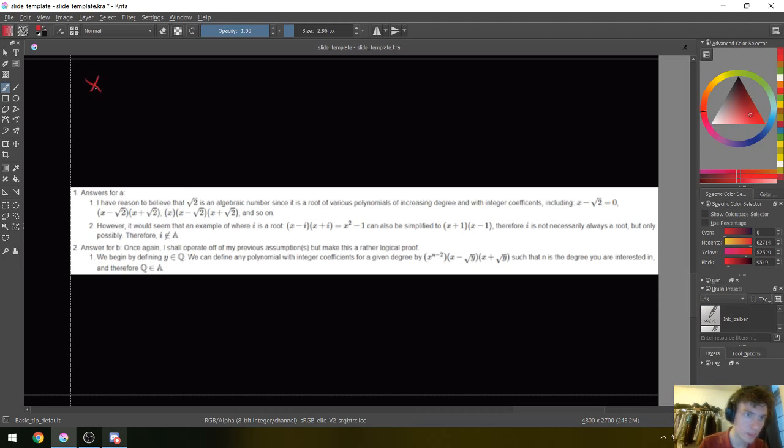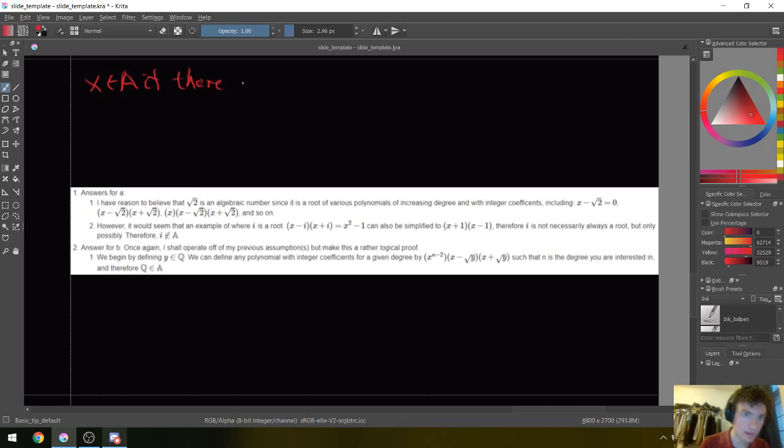We say x is an algebraic number if there exist integers a0 through an so that this equation holds: the constant integer a0 plus a1x plus dot dot dot plus an x to the n equals 0.